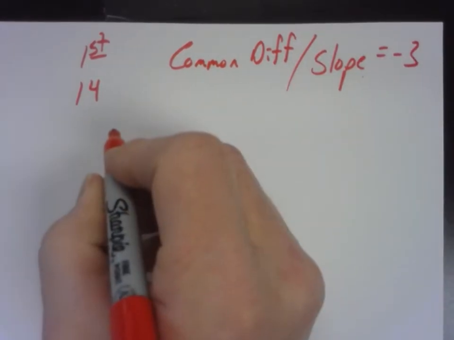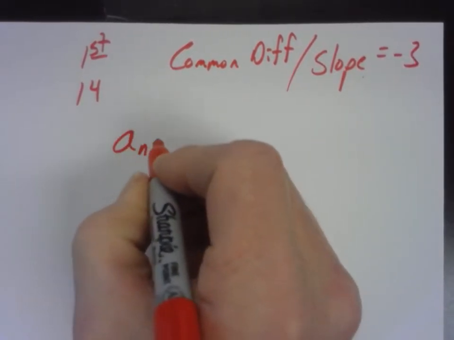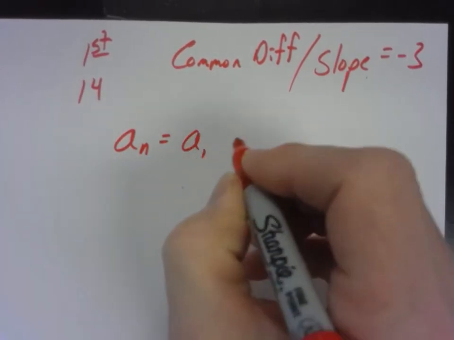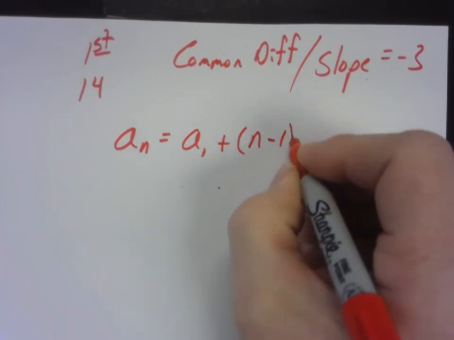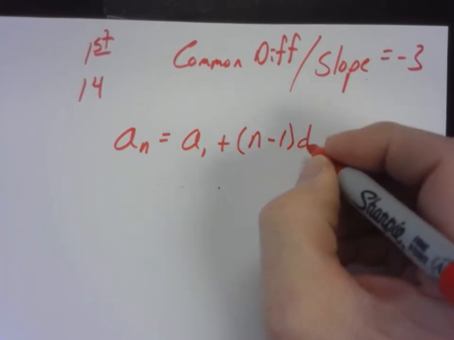So there's a formula. A sub n equals a sub 1 plus the quantity n subtract 1 times d.